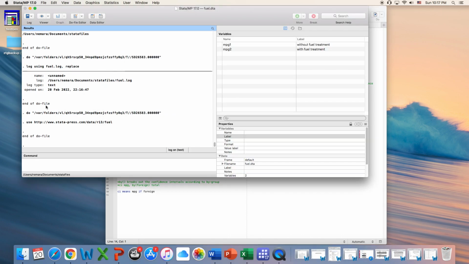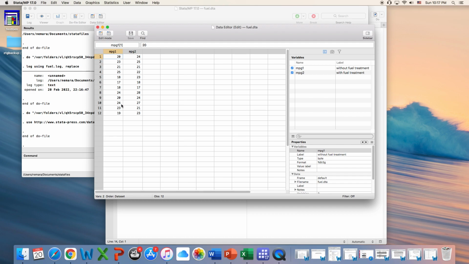So we got the data set. We have just two variables here. You can always check the data set. It's a small one, just 12 observations and two variables: one variable is the miles per gallon without fuel treatment, and the other one is with fuel treatment.